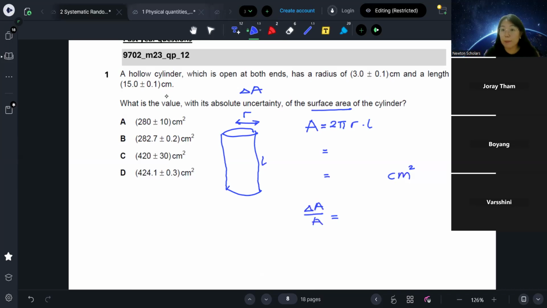So 2 and pi is a value. Okay, we ignore it. So you should use r divided by r plus L divided by L. Okay, can you do the calculation and then tell me what is your answer for this question? This is a 2023 past year question. Do it right now.